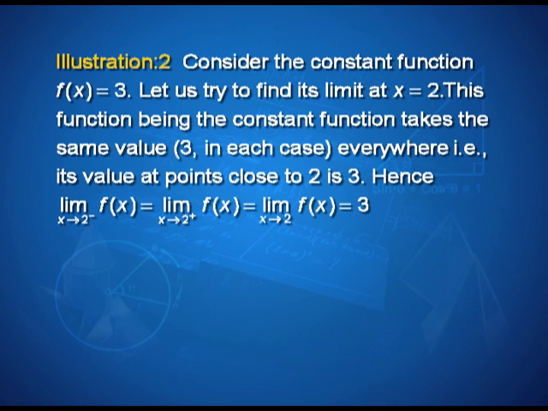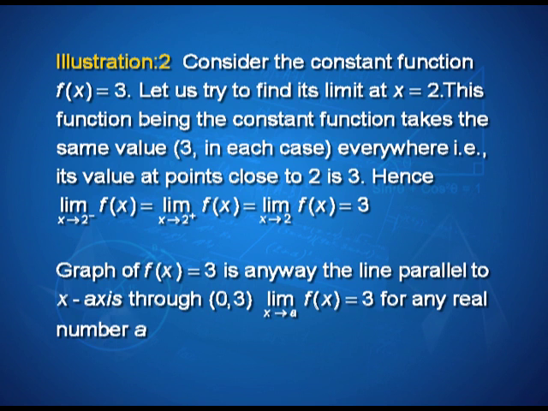This function, being the constant function, takes the same value, that is 3, everywhere, that is its value at points close to 2 is 3. Hence, limit f of x as x tends to 2 minus is equal to limit of function f of x as x tends to 2 plus is equal to limit of f of x as x tends to 2 is equal to 3.